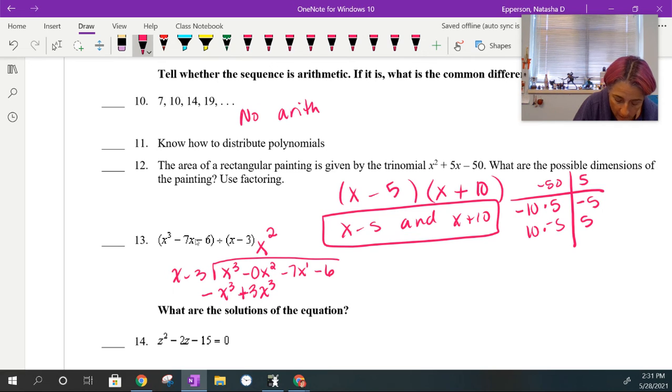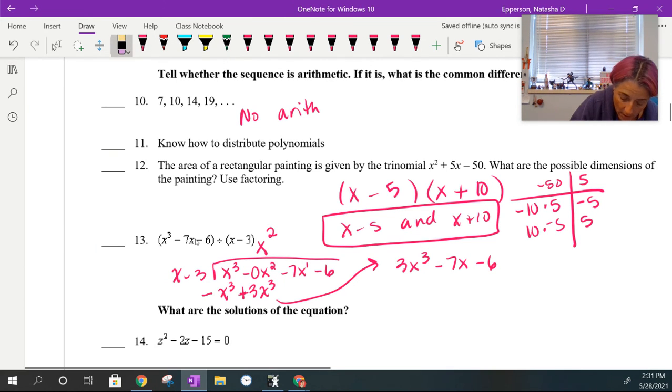This becomes positive. So now I'm going to come over here since I'm running out of room. Negative 3x squared plus negative 0x squared is going to give me 3x squared. I'm going to bring down the 7x, and then I'm going to bring down the negative 6. Oops, hold on. That should be squared, not cubed.